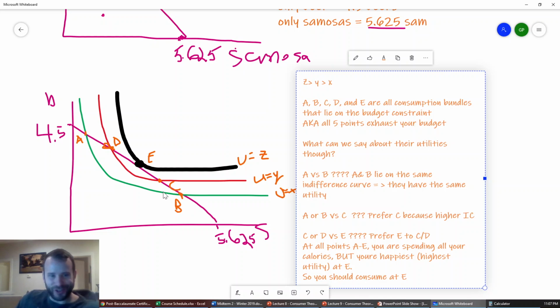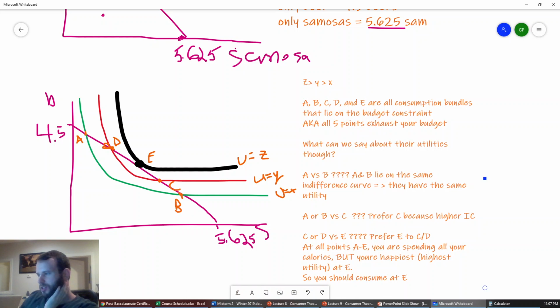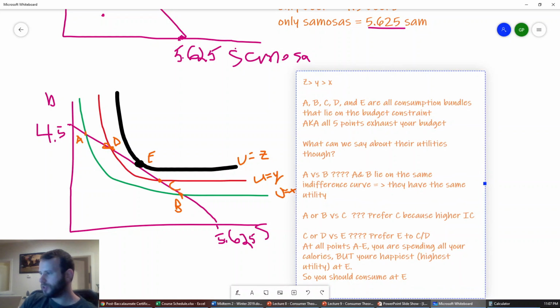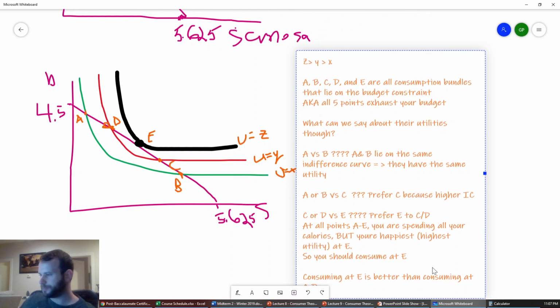You want to get a higher utility, so you consume at E. Okay? So E is the best way to consume. So we can say consuming at E is better than consuming at A through D.